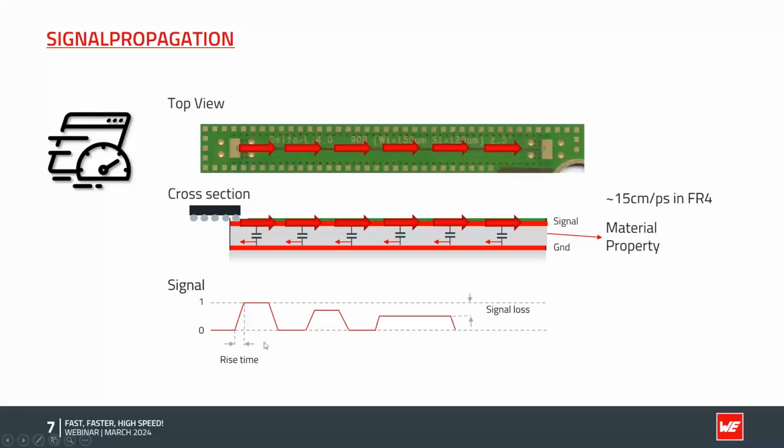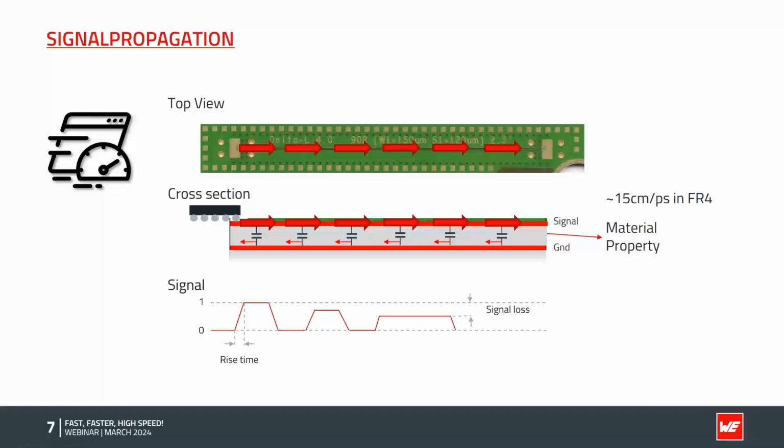We have two things. The rise time of a signal defines how fast we get this charge up, and then it defines later the frequency. And the longer the track is, the more signal loss we will have. And if the signal is too weak at the end, I only get noise, and I couldn't decide which was a 0 or a 1.